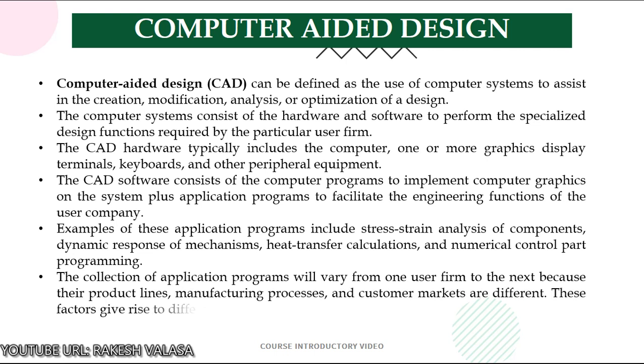Say, the CAD hardware typically includes a computer, one or more graphics display terminals, keyboards, and other peripheral equipment. The CAD software consists of the computer programs to implement computer graphics on the system plus application programs to facilitate the engineering functions of the user company.